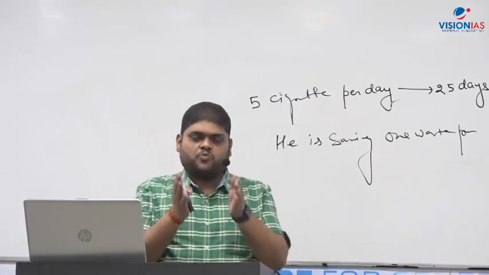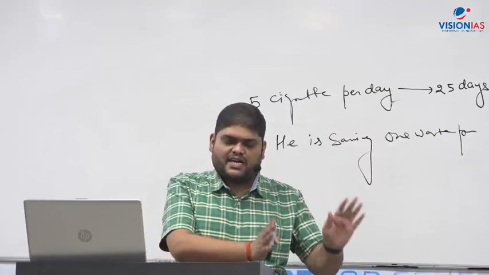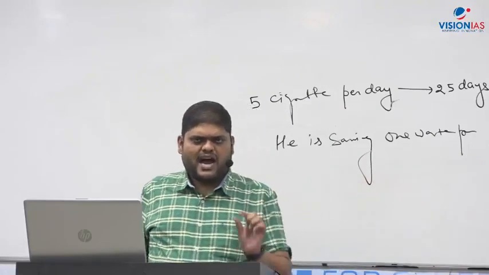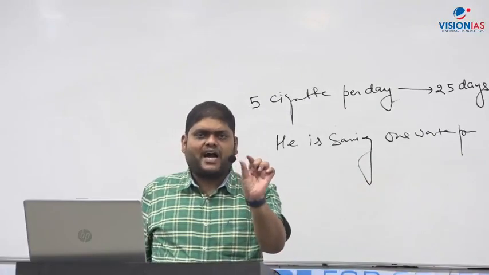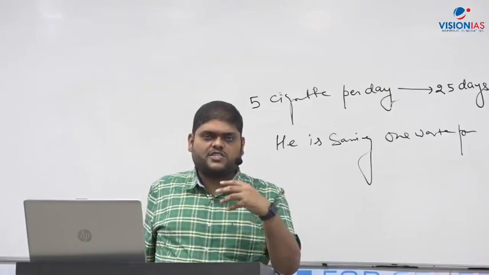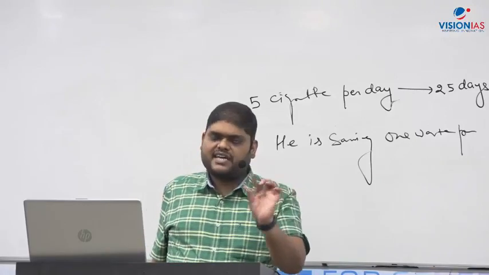That means he is smoking 5 cigarettes per day for 25 days. And in the last, whatever part is left, because he cannot smoke the whole cigarette, some part he has to leave.